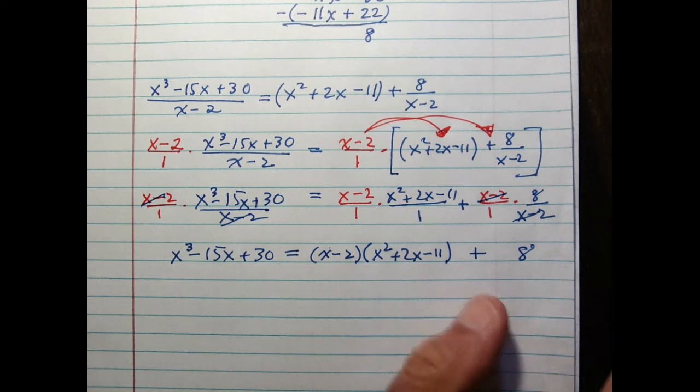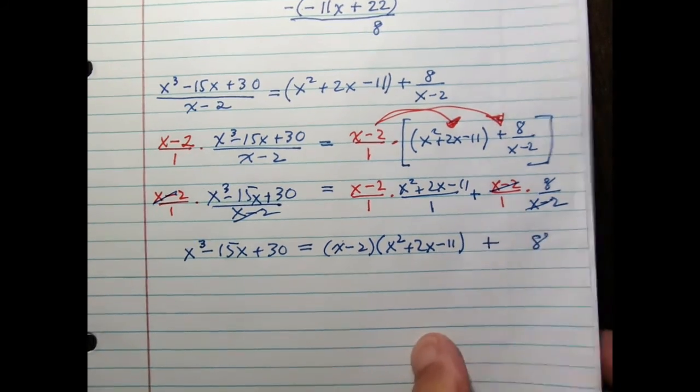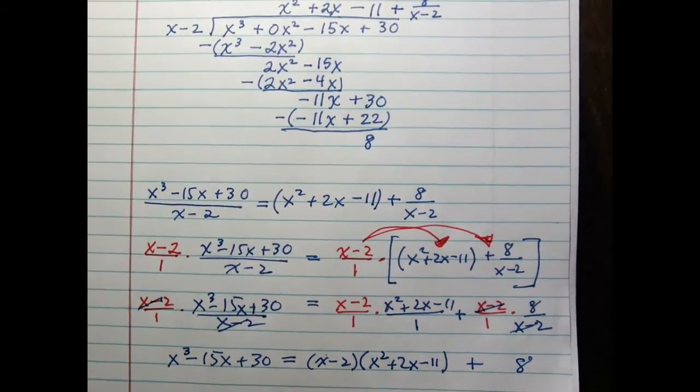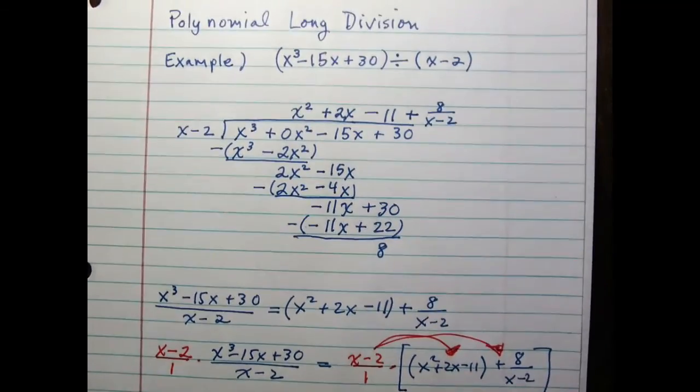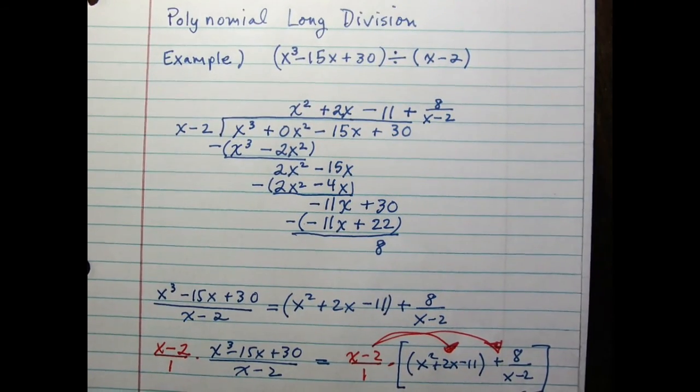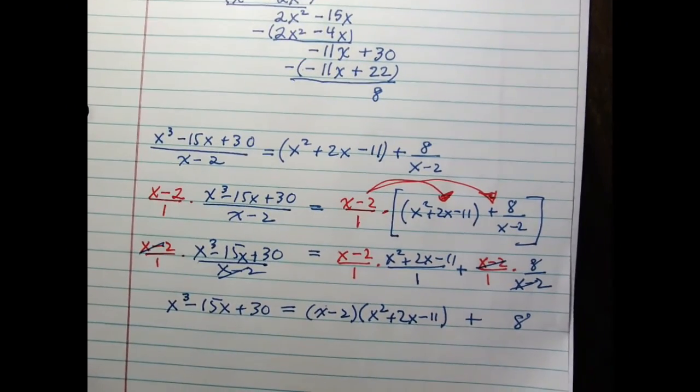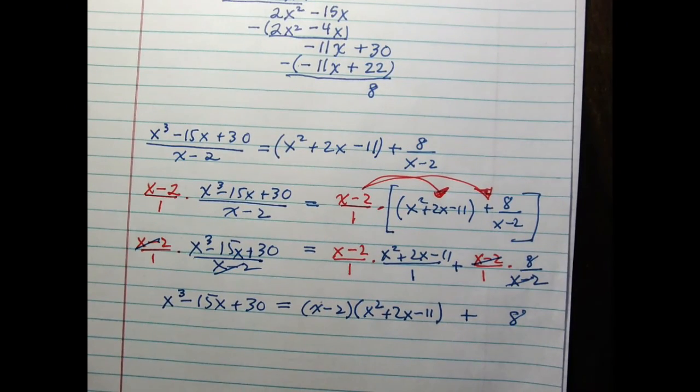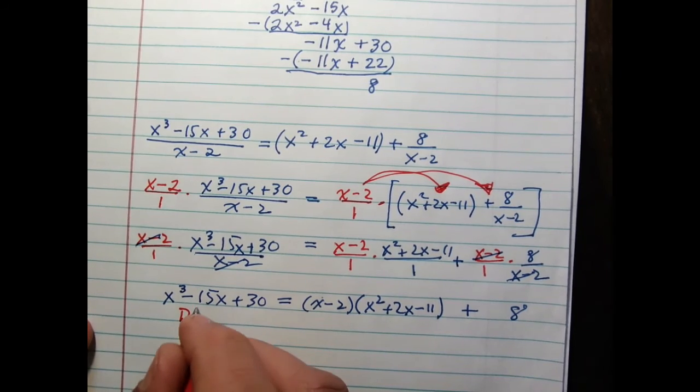And that's just a little summary of a polynomial long division problem. It started out looking like that. And by the time I got through with it, we were writing this. Maybe I want to write these words just below again.